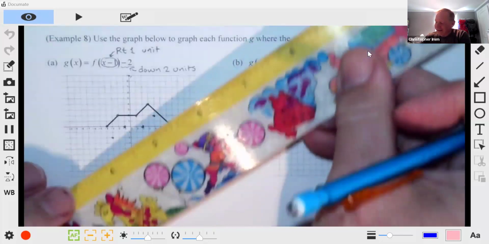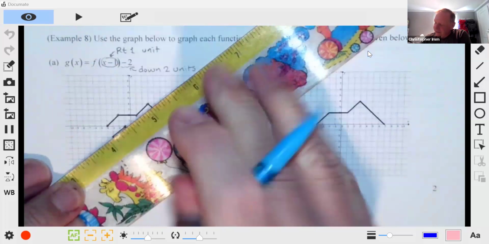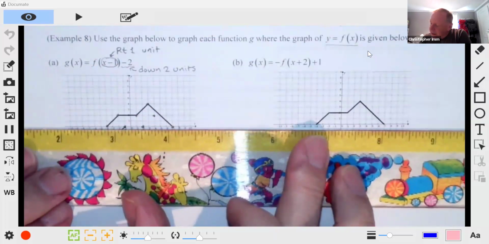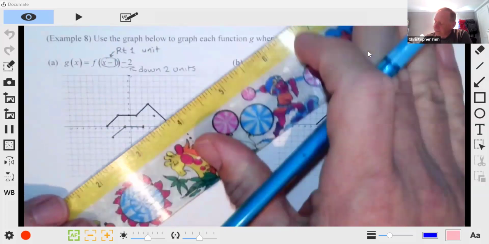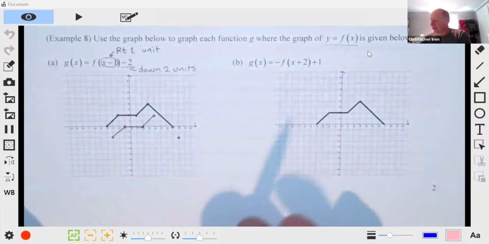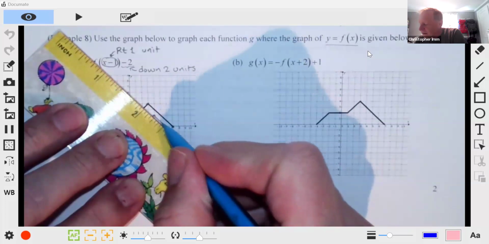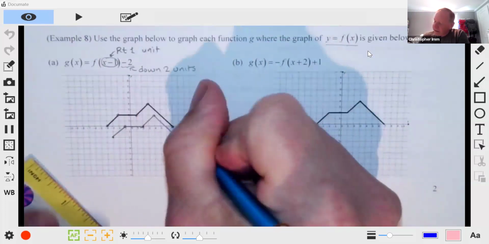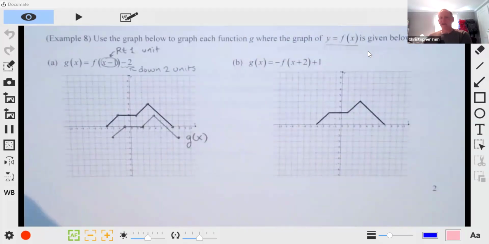And I just connect these by linear segments. We see that that graph has been shifted. So our new graph of g of x will look like this. This is essentially the function f of x, which has been moved right 1 and down 2.